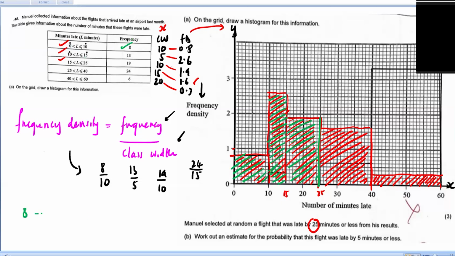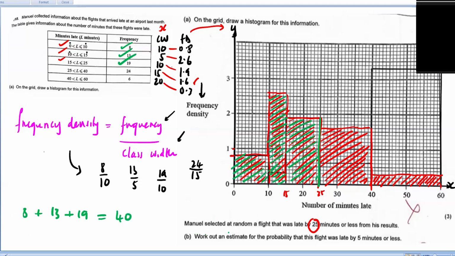So we've got 8 plus, and the next one was 10 to 15. How many was 10 to 15? 13 people. Are you following? And then the last one, 15 to 25, was 19 people. So let's add this up. 8 plus 13 is 21. 21 plus 19 is 40.